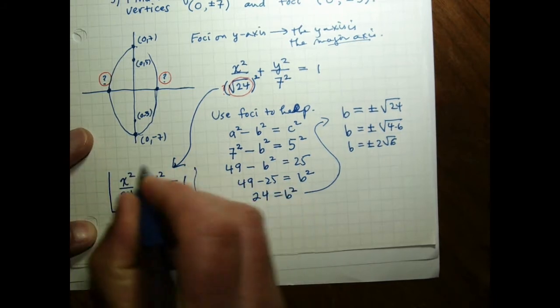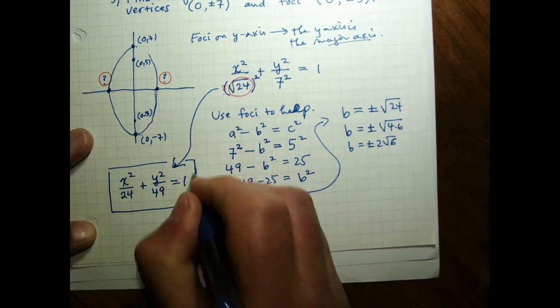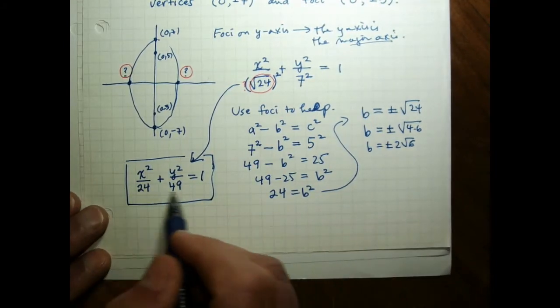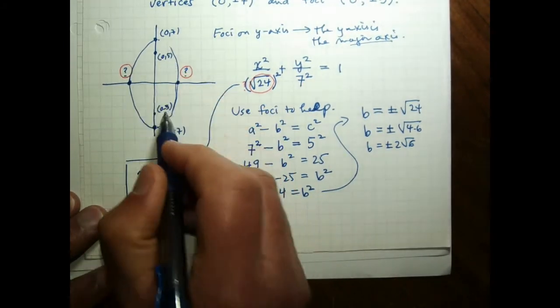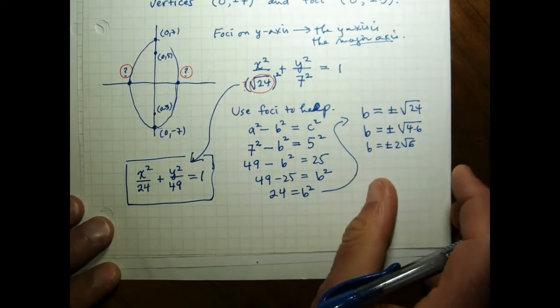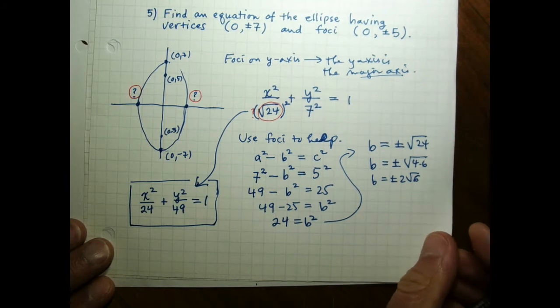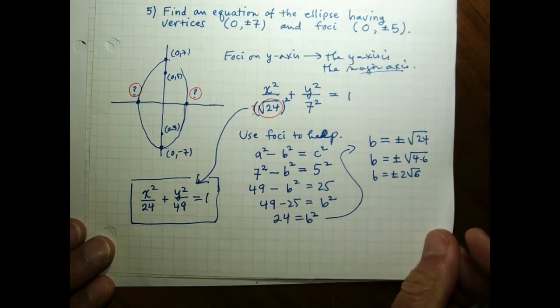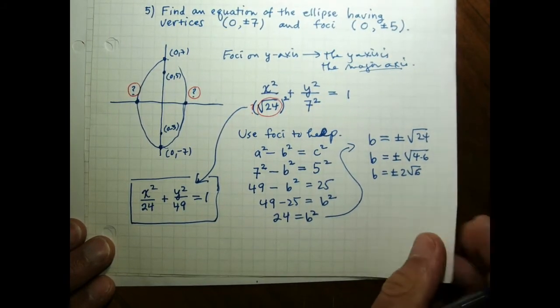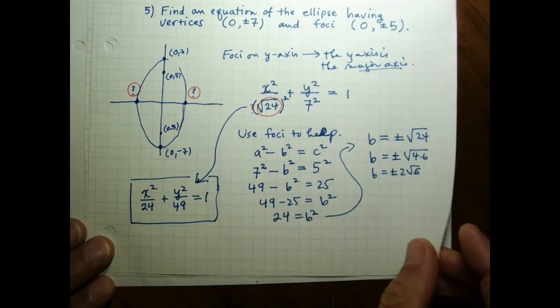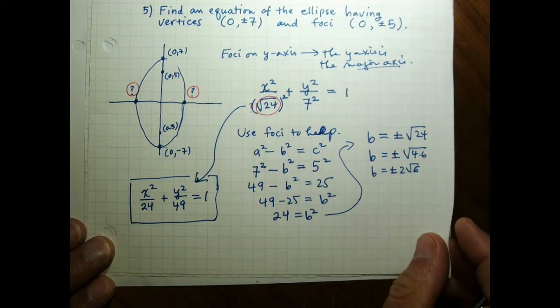And there's our equation that we need. You could check the intercepts of the equation we found just to see that they coincide with what we think we should be getting. Okay, so there's our equation for number 5, where we had to use the foci to help us find that denominator value for the x squared term.